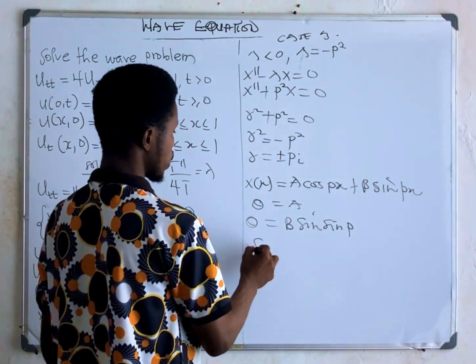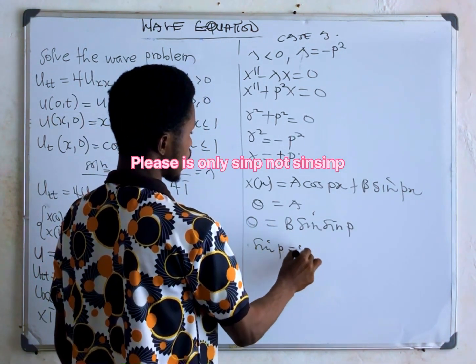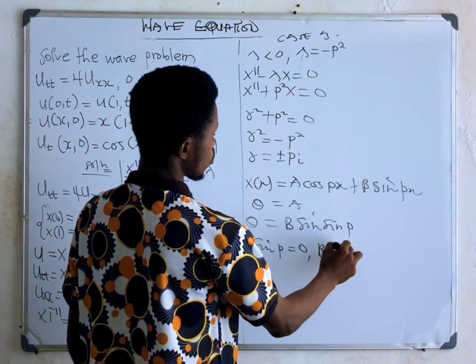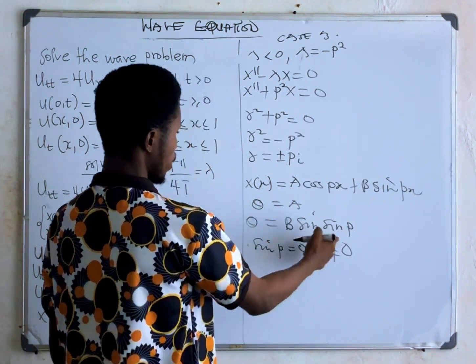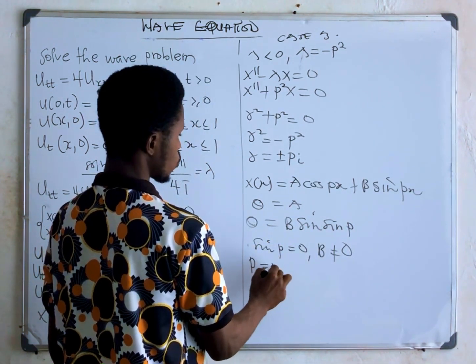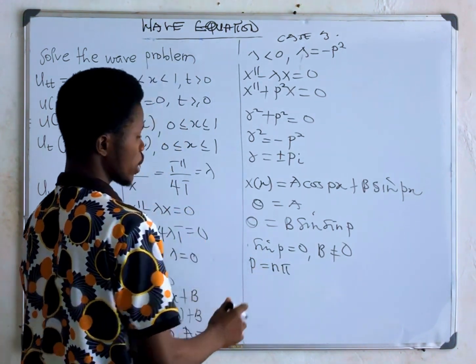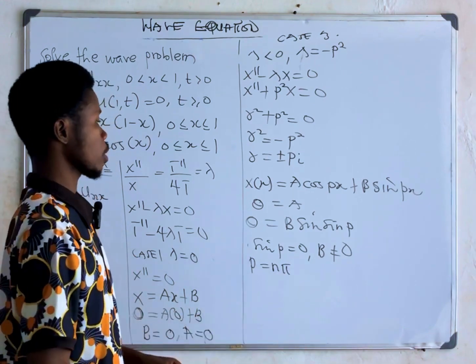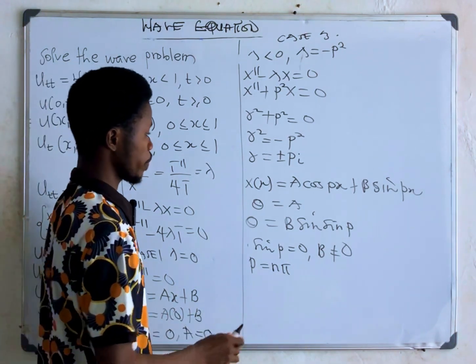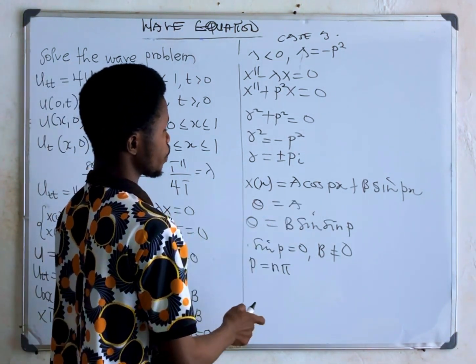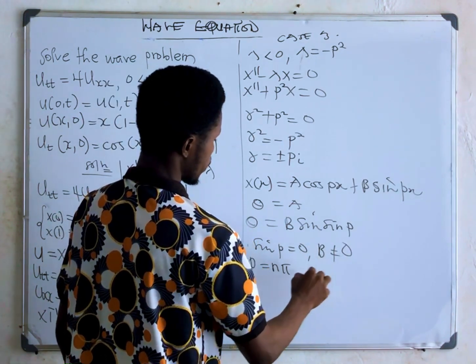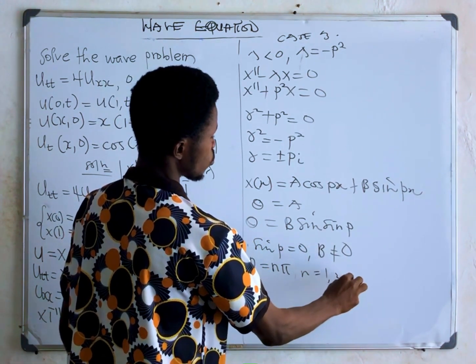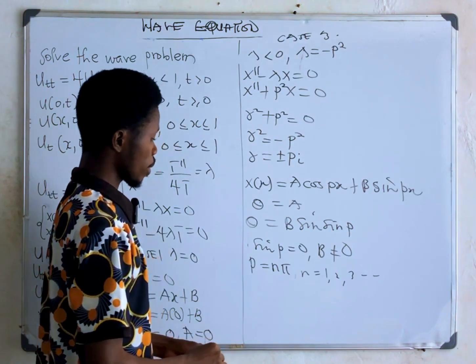As usual, we say that sin p is 0 and b is not equal to 0. But we said that we should take p to be equal to n pi. It means that wherever I see p, I should put n pi there, where n equals 1, 2, 3, going. Let's do the substitution and see something.